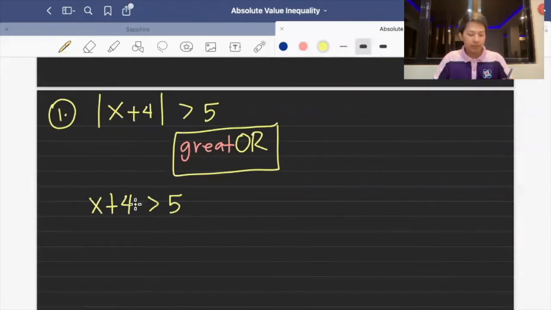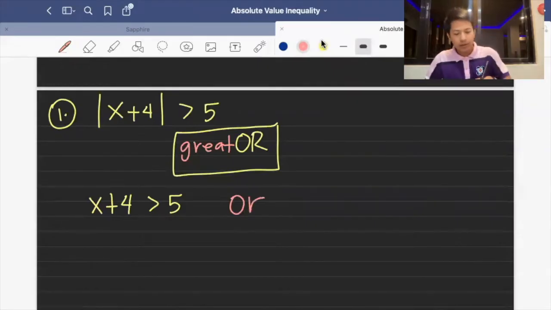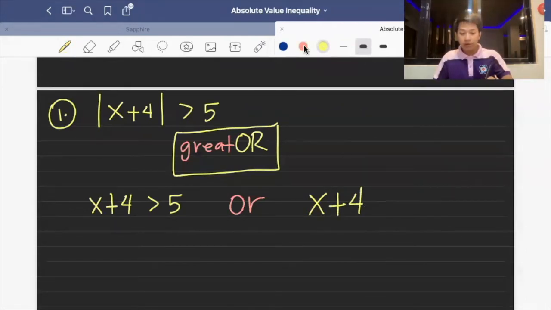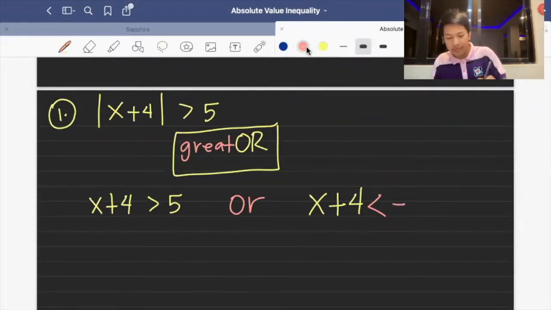So in this case, x plus 4 is greater than 5, or since that's a union, we have x plus 4. Okay, take note. We are going to change the sign. Since this is greater than, we're going to put less than here. And we're going to multiply negative 1 to 5. So in this case, we have it's less than negative 5.